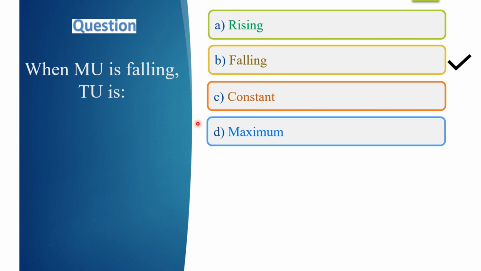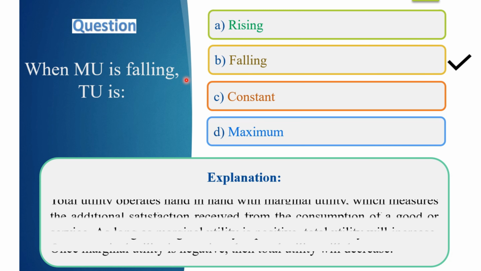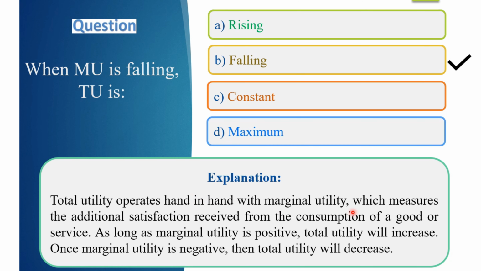And the correct answer for this question is falling. जब total utility operates hand in hand with marginal utility, which measures the additional satisfaction received from the consumption of a good or service, as long as marginal utility positive होती जाएगी, total utility will increase. Once marginal utility negative, एक बार marginal utility negative graph पे पहुंच गई, then total utility will decrease.